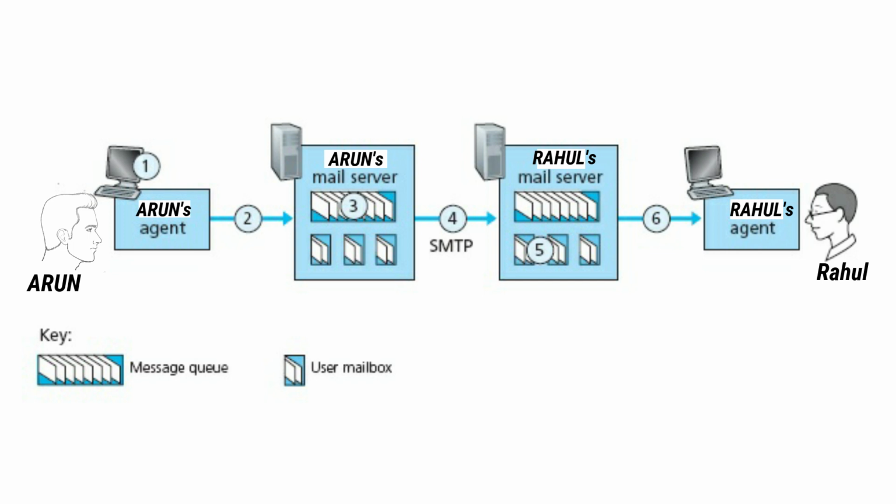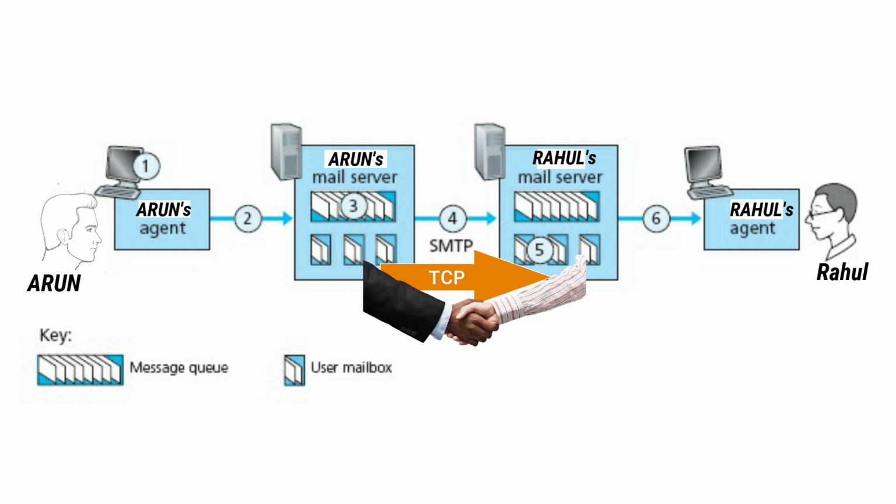Second step, Arun's user agent sends the message to his mail server where it is placed in a message queue. In the third step, the client side of SMTP running on Arun's mail server sees the message in the message queue. It opens a TCP connection to an SMTP server running on Rahul's mail server.